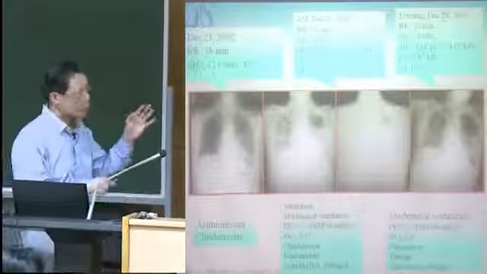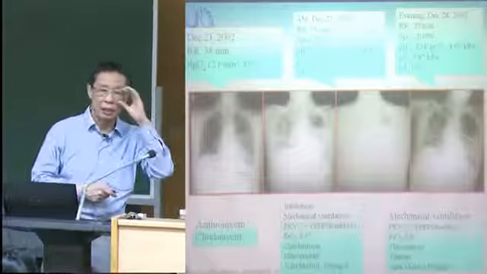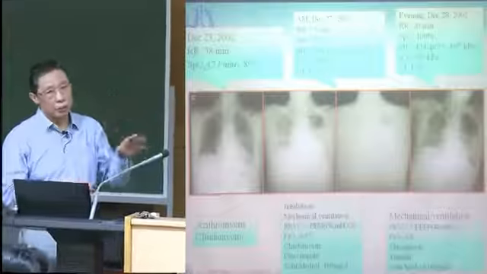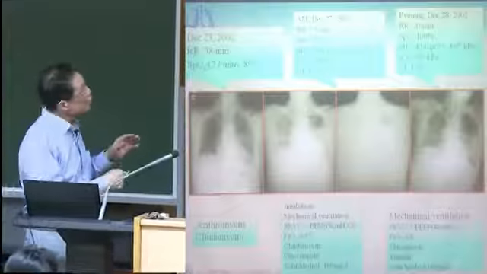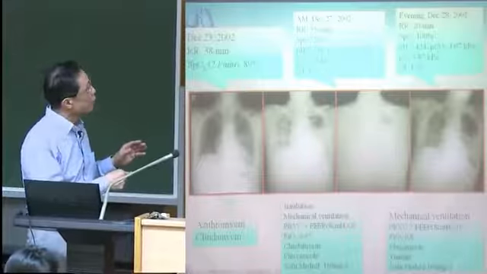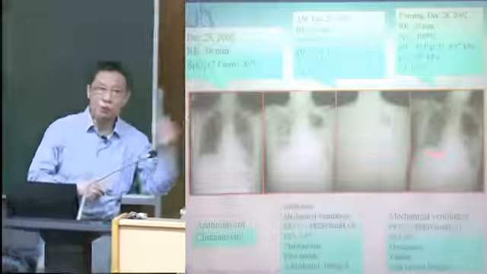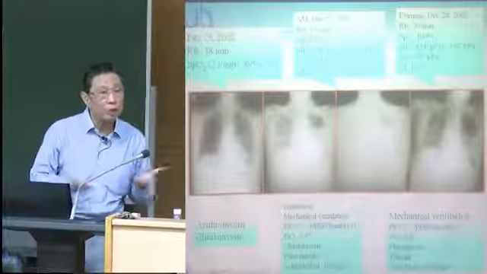Because we supposed this patient had, like in internal medicine, the so-called ARDS, acute respiratory distress syndrome, we used some corticosteroid at this time, and the next day the patient showed very much improvement. We were very surprised about that.